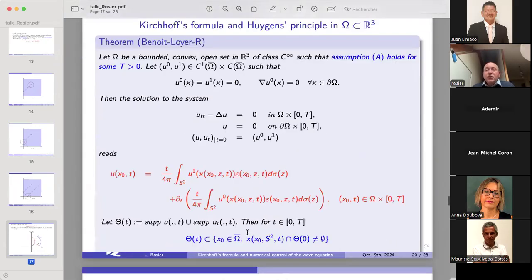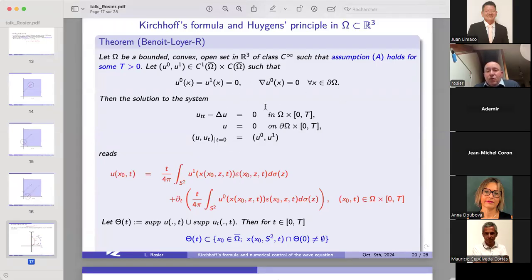So the main result is the following. We have a Kirchhoff formula to represent the solution of the wave equation in a bounded open set that satisfies our assumption A. We consider quite reasonable initial data: they are sufficiently regular and null on the boundary of omega.